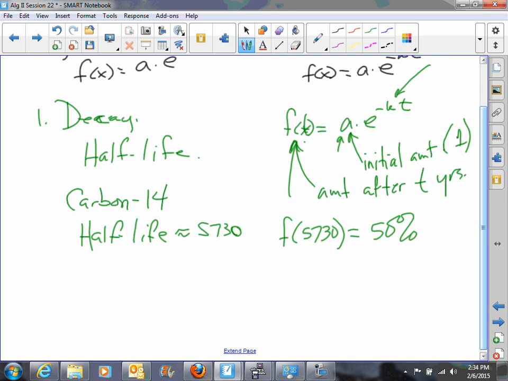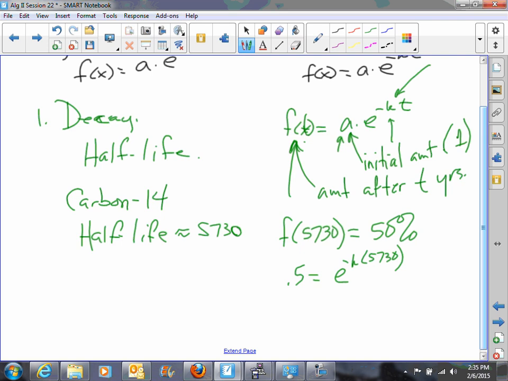So we could solve for this k right here by saying 0.5 is equal to e, and remember a is 1, e to the negative k times 5,730. Because the time is 5,730. Now all we need to do is find the value of k.